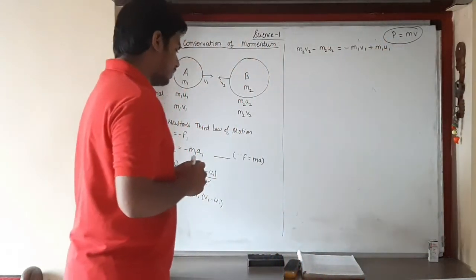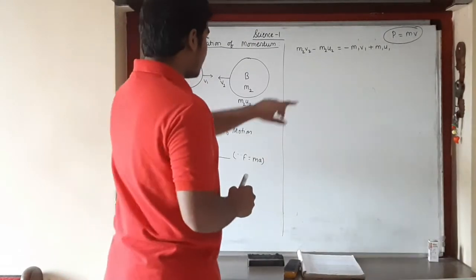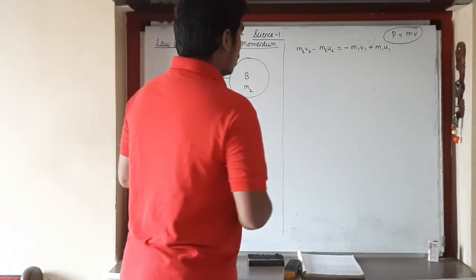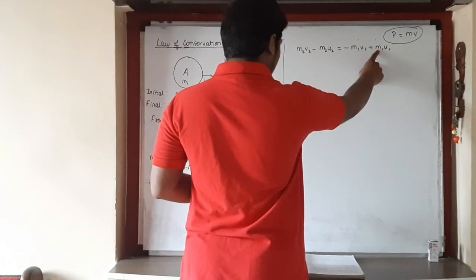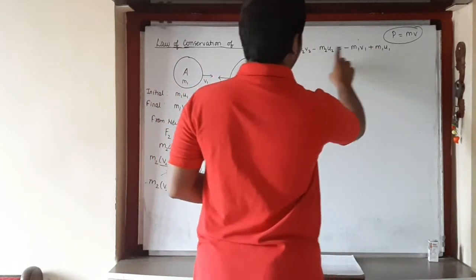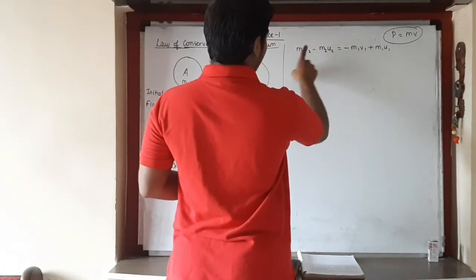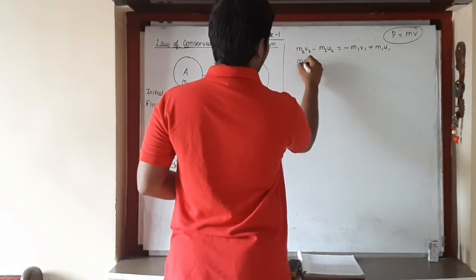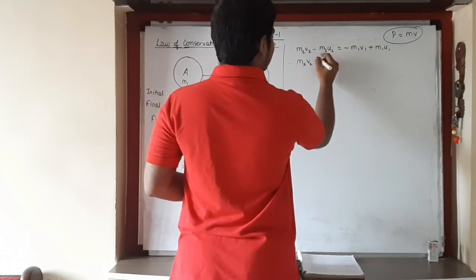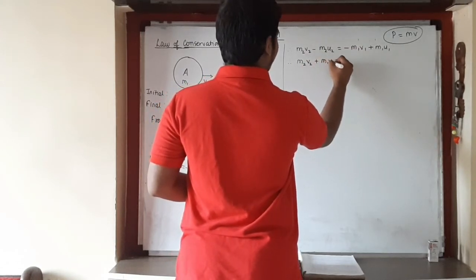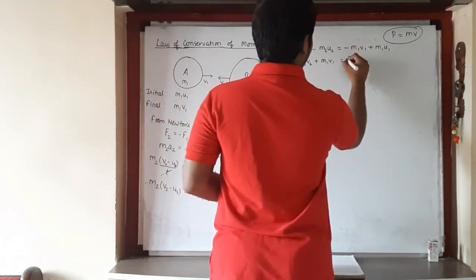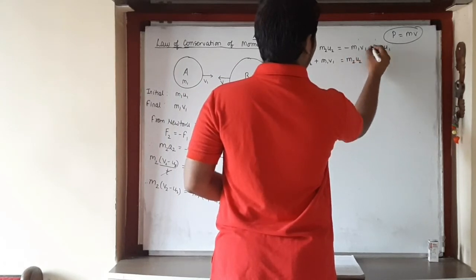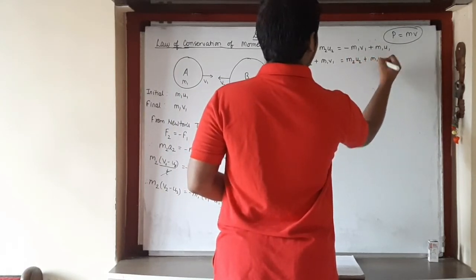Now what we will do is, let us rearrange the terms. With m1 v1, m1 u1, let us bring m2 u2, and with m2 v2 let us bring m1 v1. So what will happen? m2 v2 will remain here, minus m1 v1 will become plus m1 v1, minus m2 u2 will become plus m2 u2, and plus m1 u1.